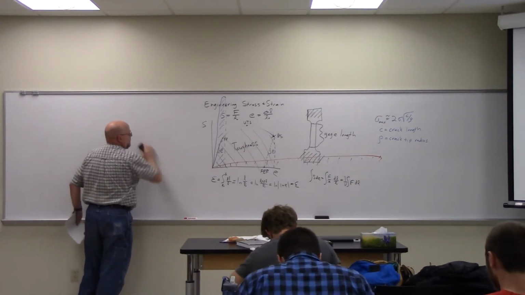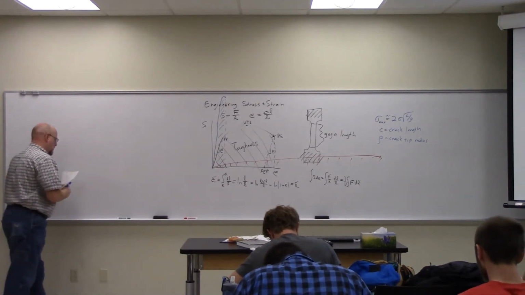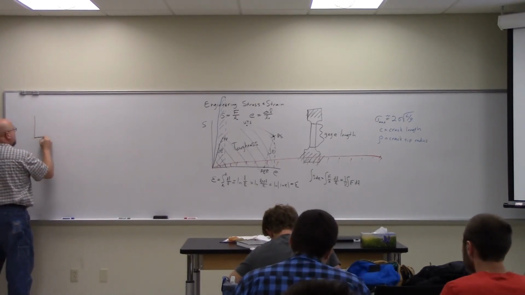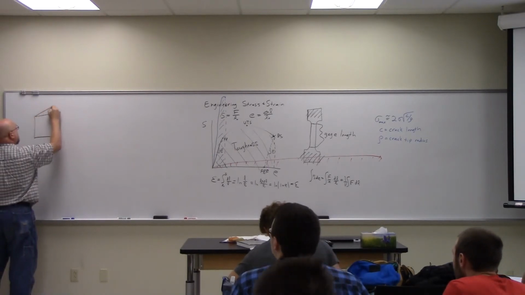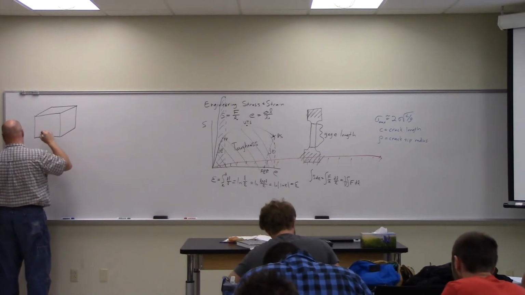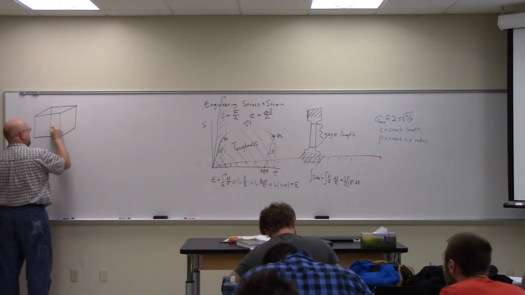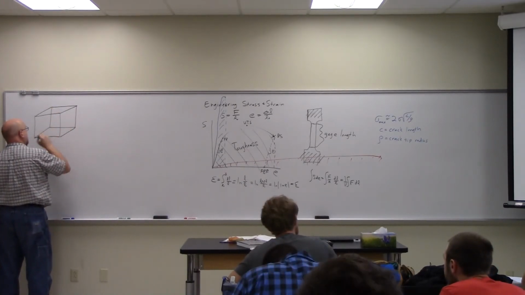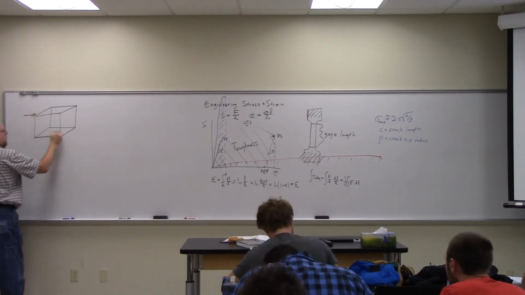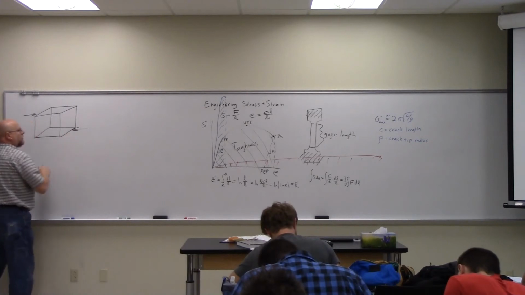So the equations in shear are very much the same as they are in tension. Okay, and I'm just going to go ahead and draw the back corners solid, because now I'm going to shear it. I'm going to apply a load, a force in that direction.